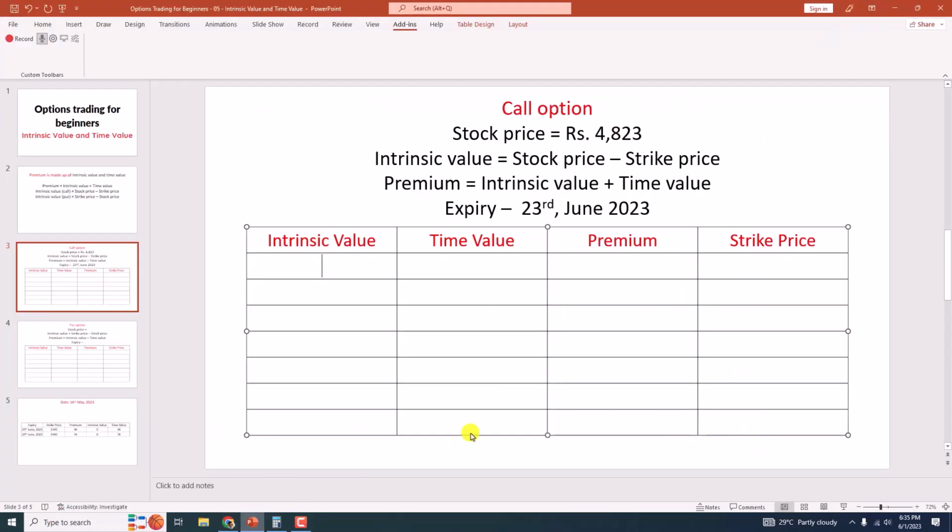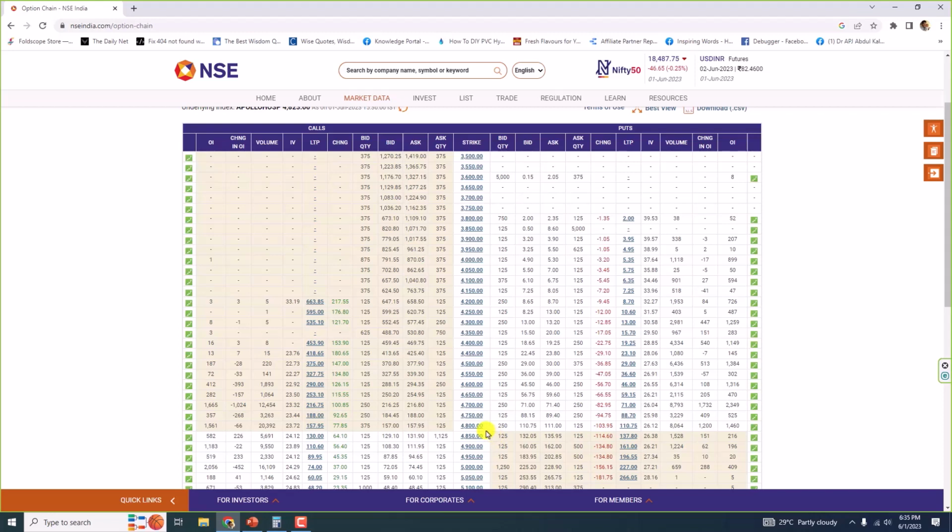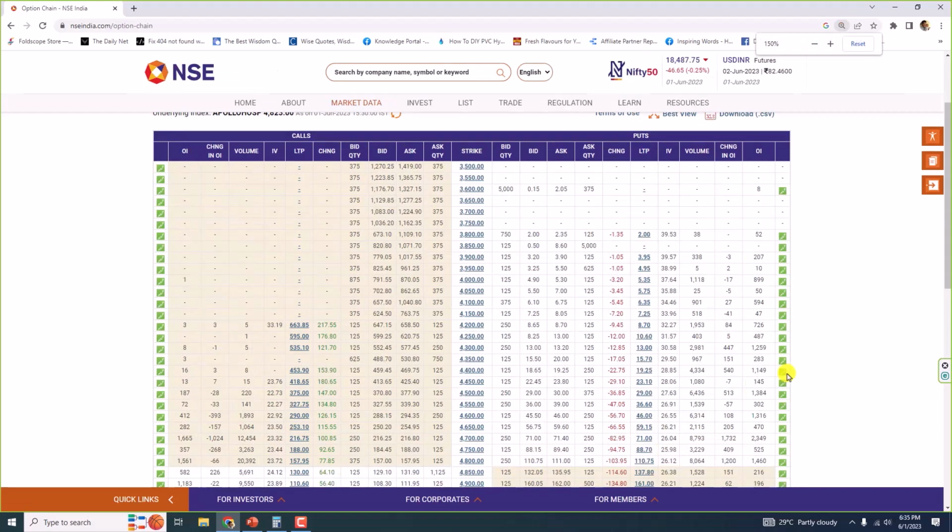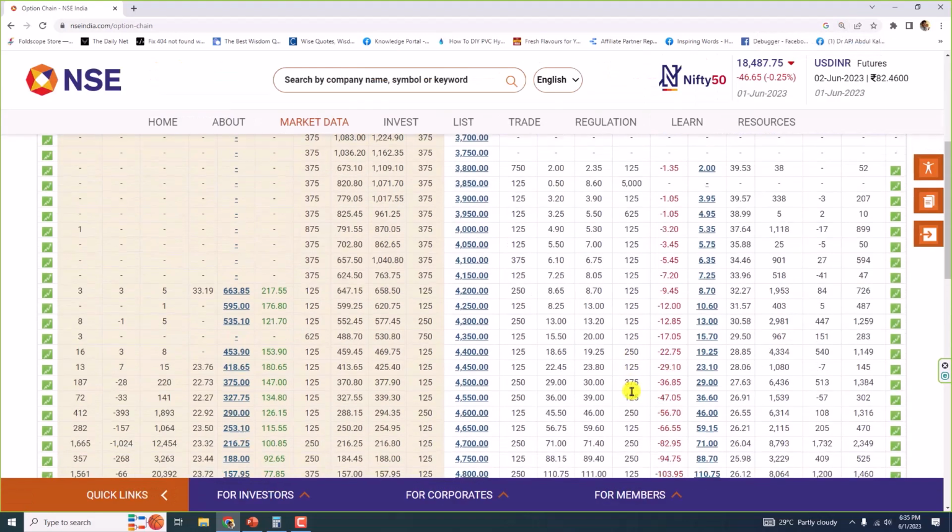So let me copy it down here. Strike price 4800 here. And let me randomly select two other strike prices on the upper side and lower side. So on the upper side, let me copy 4900 and 5000.